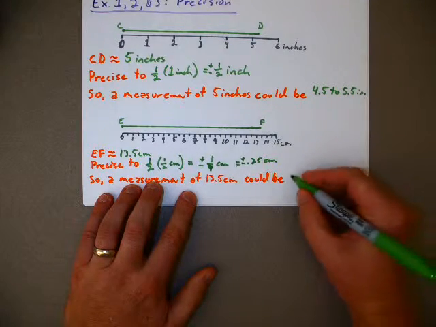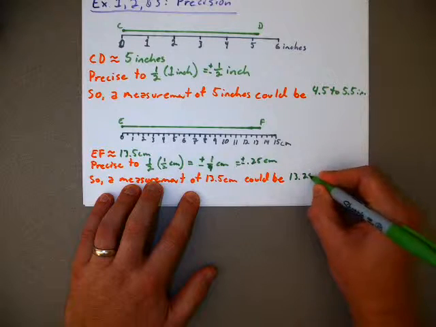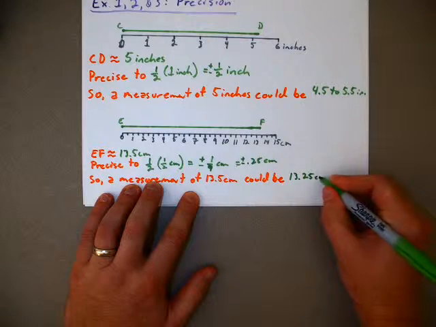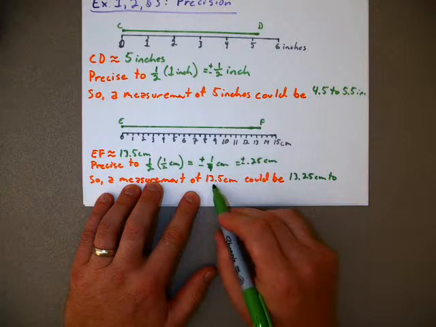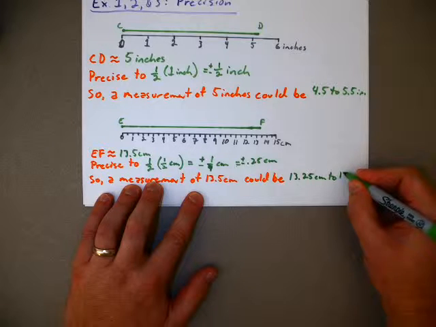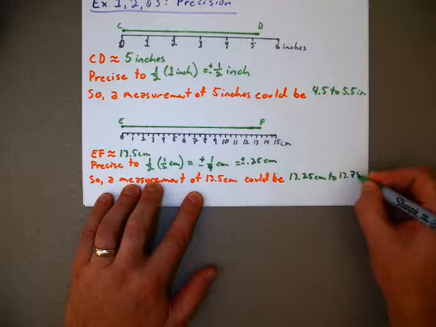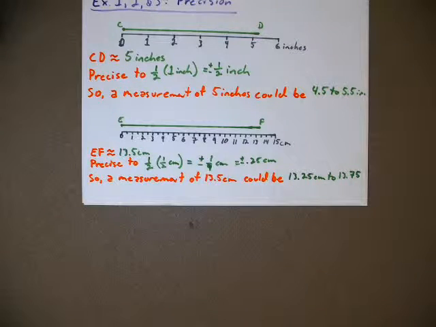So it could be anywhere from 13.25 centimeters to, and then I'm going to take my 0.25 and add it to the 13.5, so it's going to be 13.75. So that's all we have for today on line segments and precision.